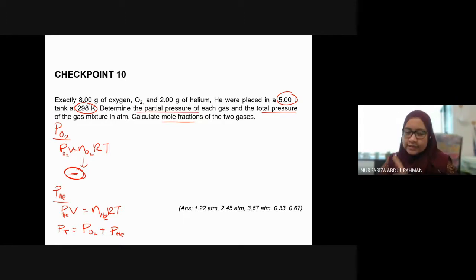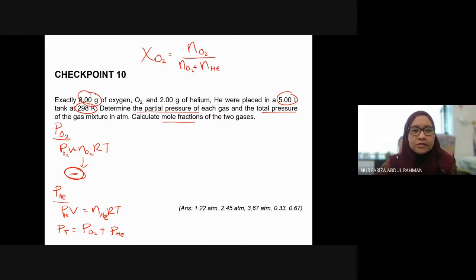Okay, alternatively, you can then calculate the mole fraction. Mole fraction is no problem. For the mole fraction of oxygen, how? n of oxygen divided by n of oxygen plus n helium. Just convert this 8 gram into mole, 2 gram into mole, so you can insert into the formula. You get the mole fraction for oxygen.